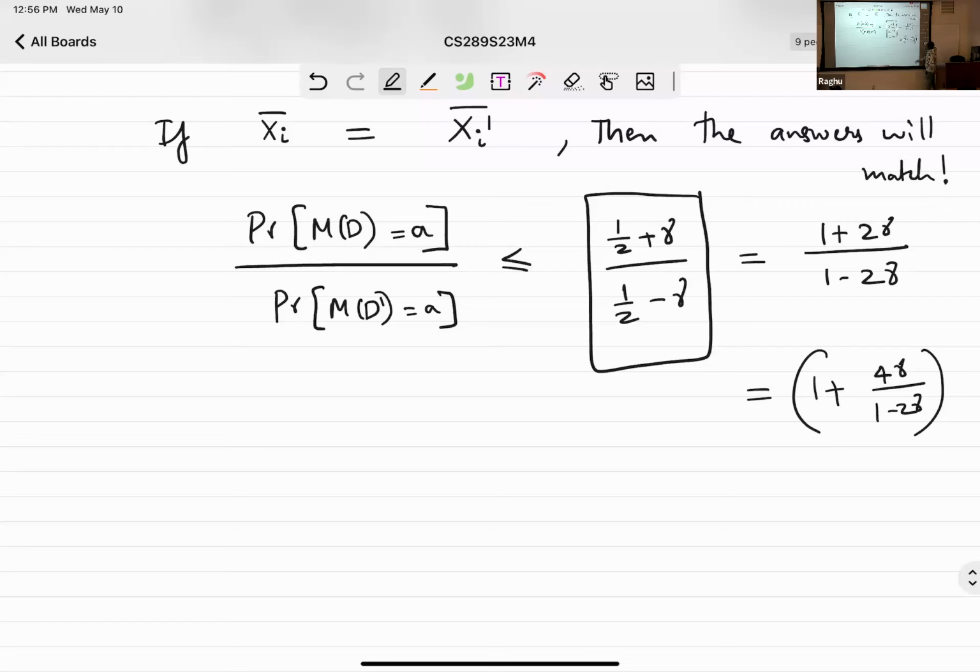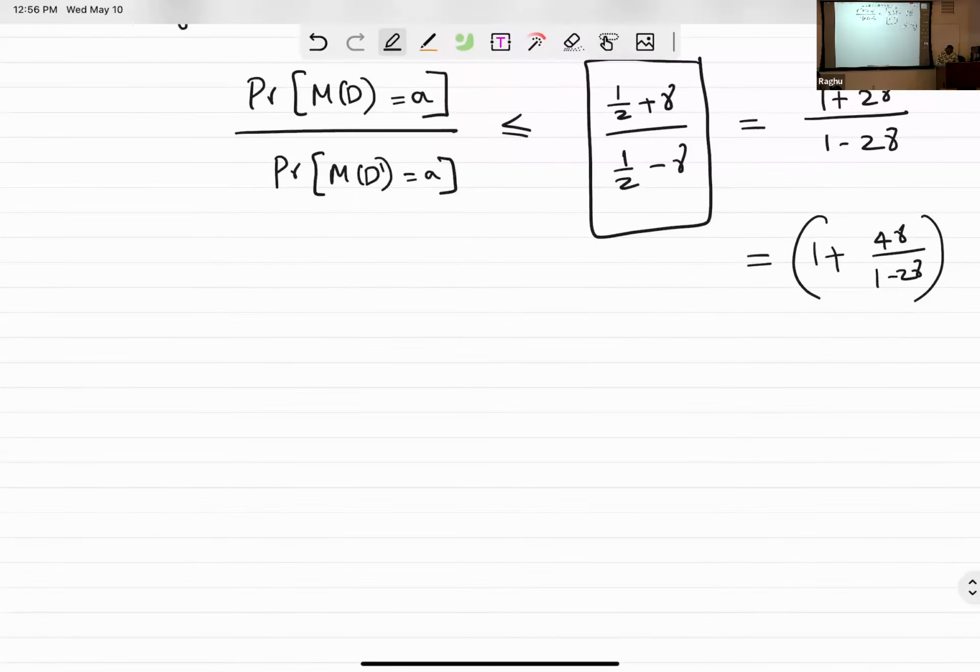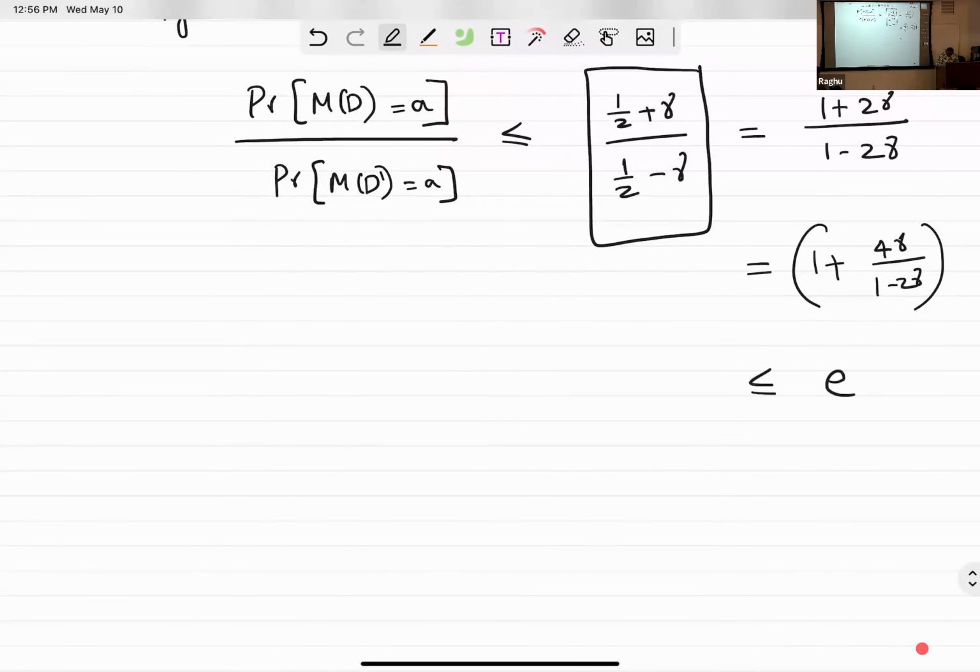And as I said, you should think of e to the epsilon and 1 plus epsilon as really interchangeable, right? And so this is basically at most e to the sum 4.